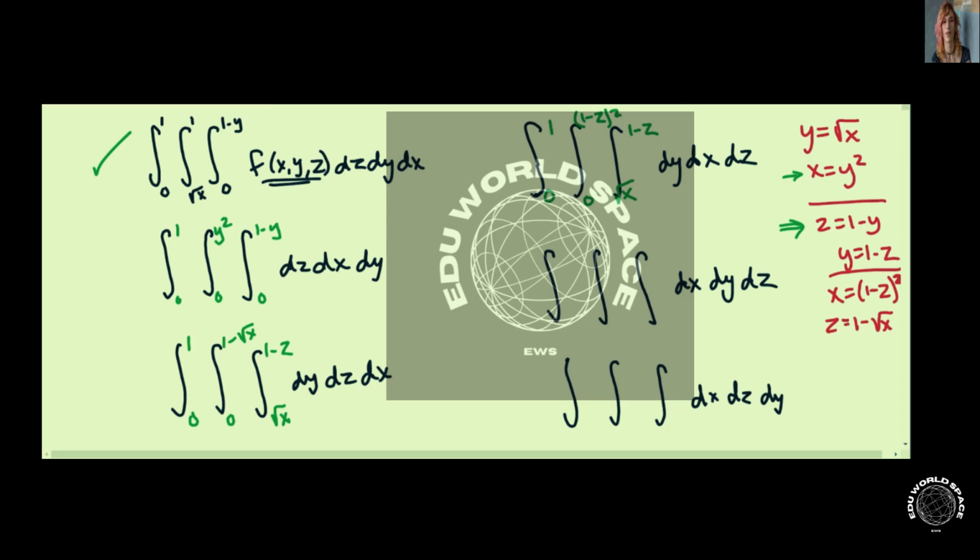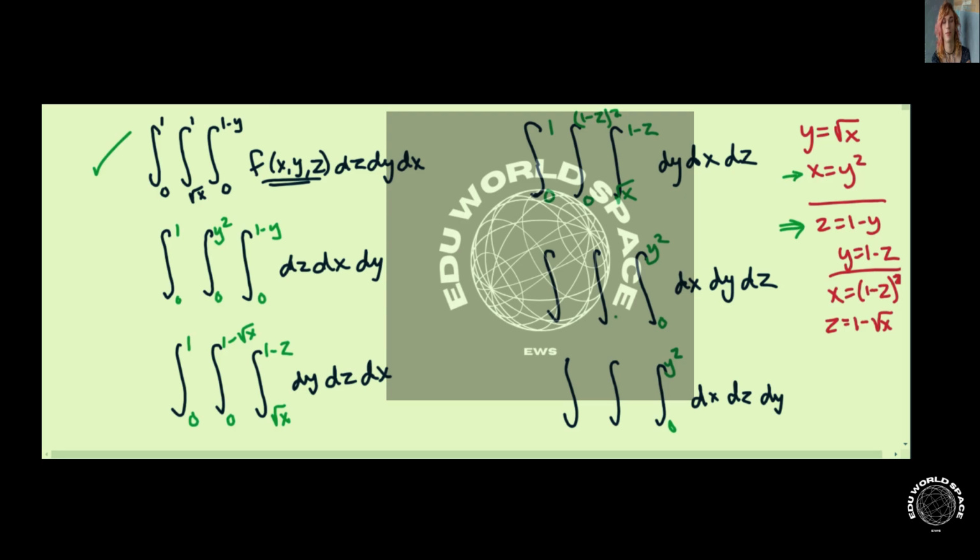Okay, now what about dx being our first integration that we do? Well, x is y squared, so I can say that x goes from 0 to y squared in both cases. Now, what if I do y next? That's our number 5 here. dx, dy, dz. If y is next, I need to put y in terms of z.